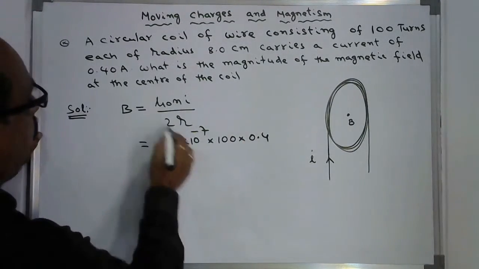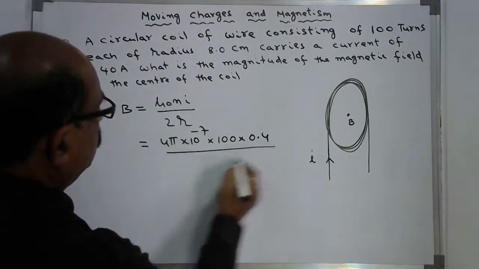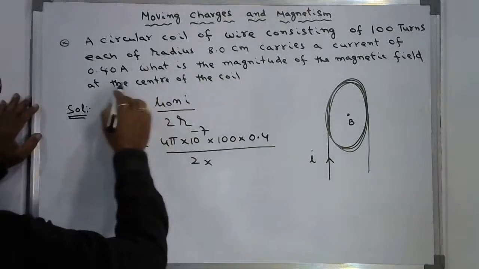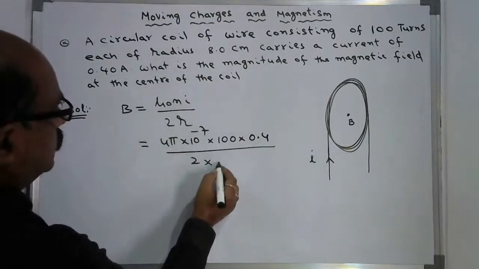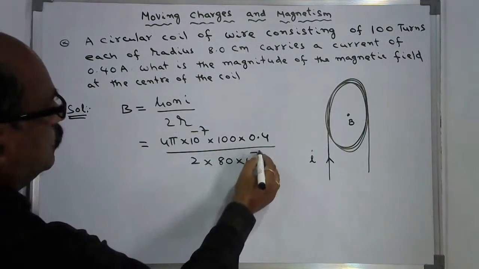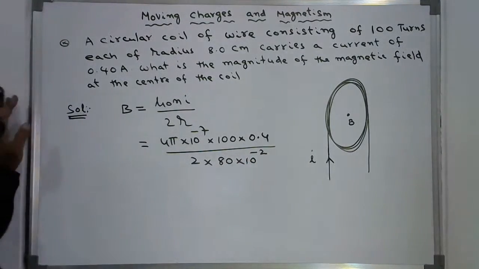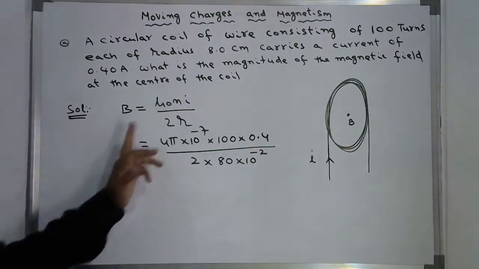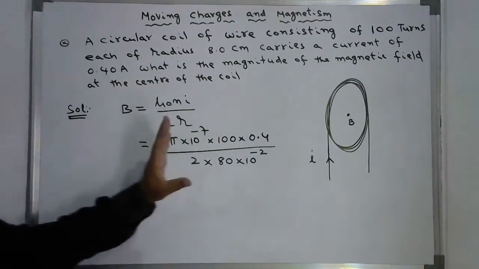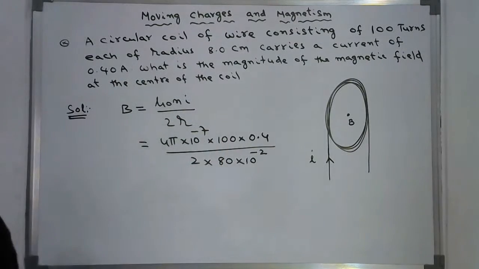And by 2 into, what is the radius given? 8 centimeters. So 8 into 10 power of minus 2 meters. So this is all we have to substitute in the formula, the given data.